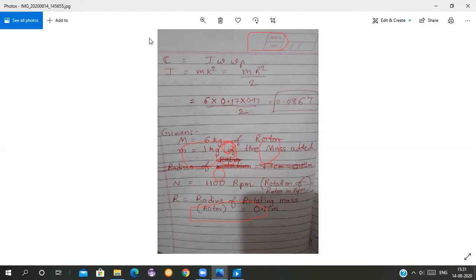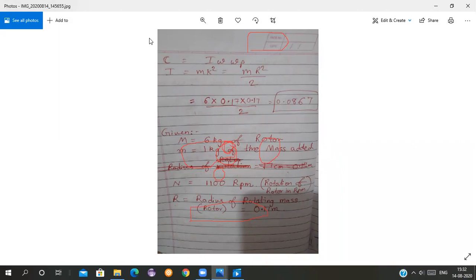Time is 10 seconds, right? See, theta is 60 into pi by 180, so omega p will be the whole 60 into pi by 180 divided by time. Time is 10 seconds, isn't it?